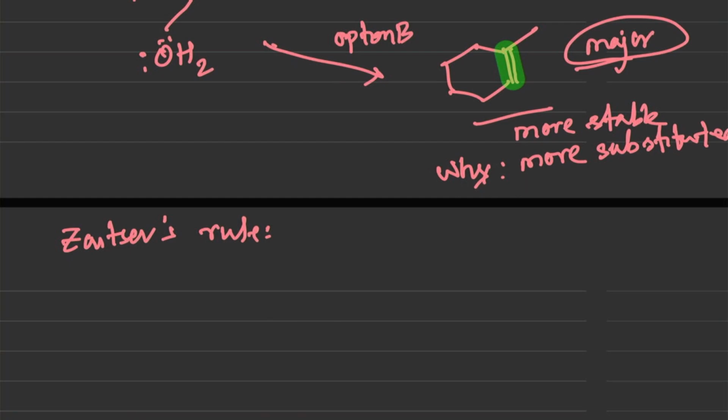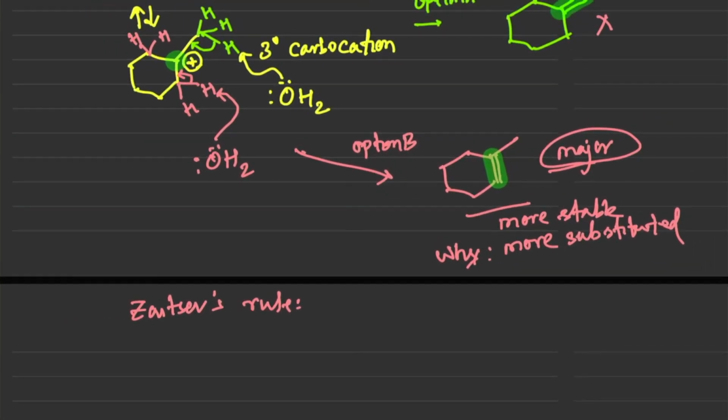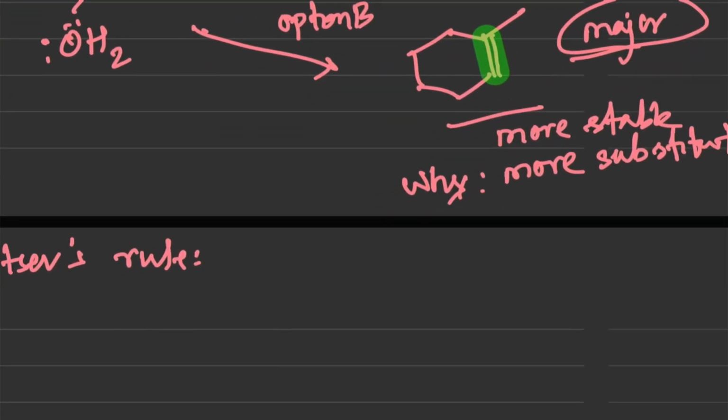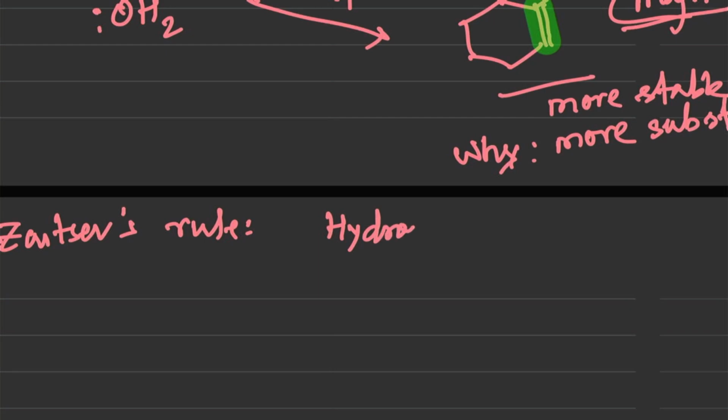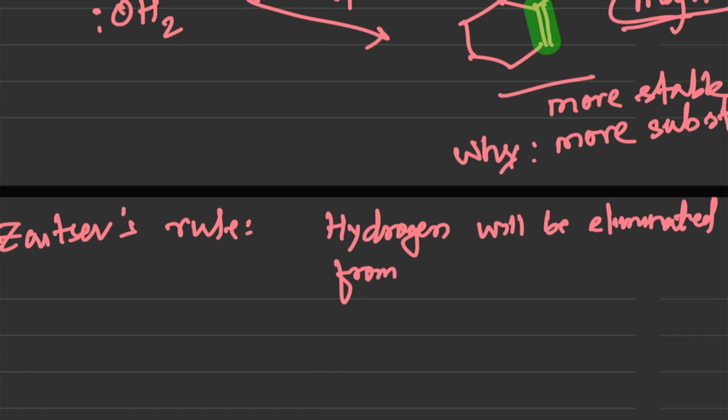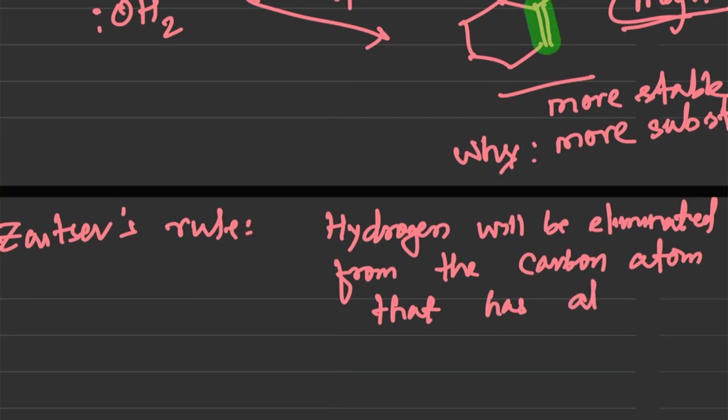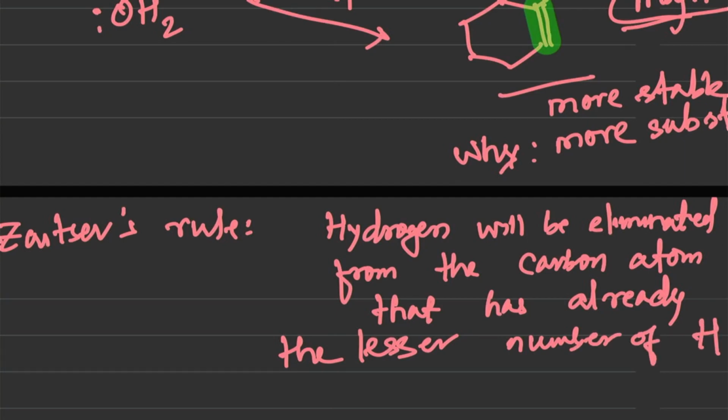Zaitsev's rule tells us that when you have multiple choices of removing hydrogens, hydrogen will be eliminated from the carbon atom that already has the lesser number of hydrogens.